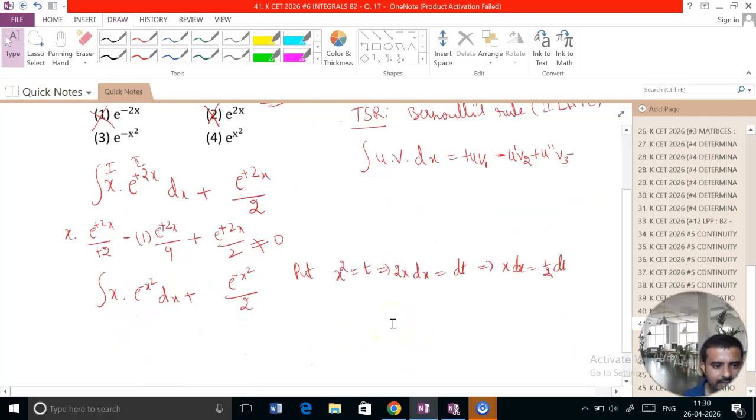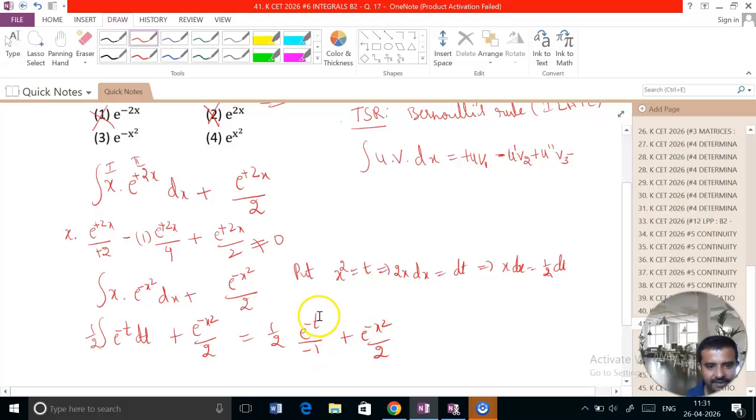So x dx becomes 1 by 2 dt, and e power minus x square becomes e power minus t, plus e power minus x square by 2. This can be written as 1 by 2 times the integral of e power minus t, which becomes e power minus t by minus 1, plus e power minus x square by 2.